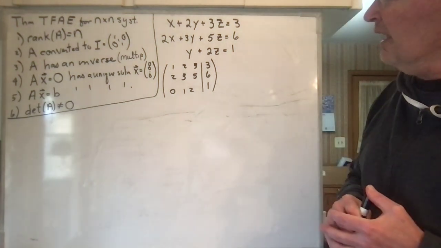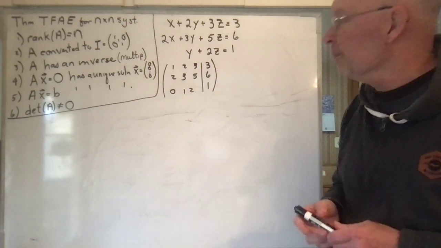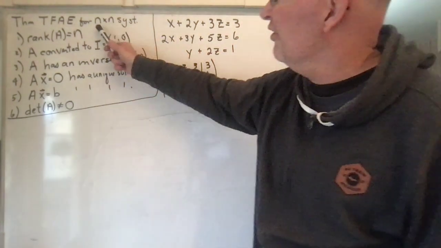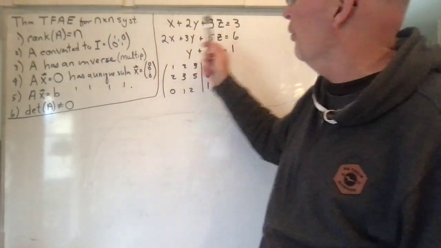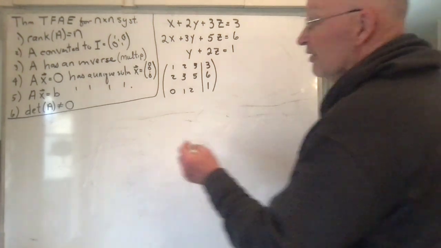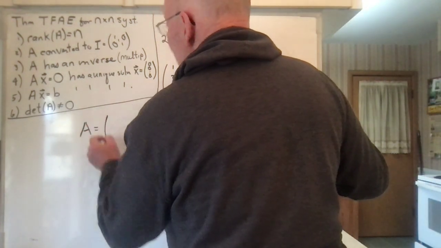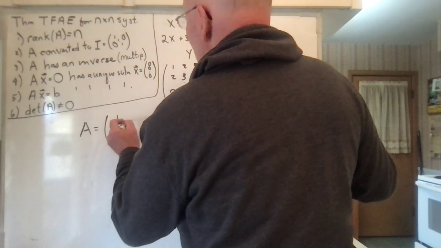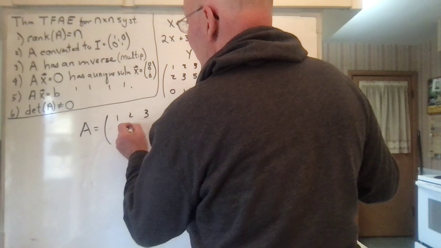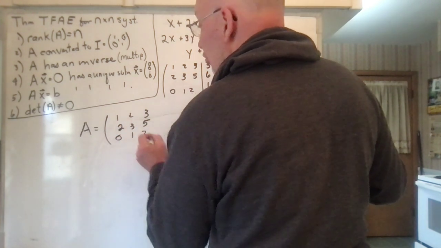So let's take an example of a 3x3 system to illustrate how this works. Here's a system of 3 equations, 3 unknowns. Notice this is an n by n system, so it's 3 equations, 3 unknowns. I could write this as A being equal to the matrix 1, 2, 3, 2, 3, 5, 0, 1, 2.